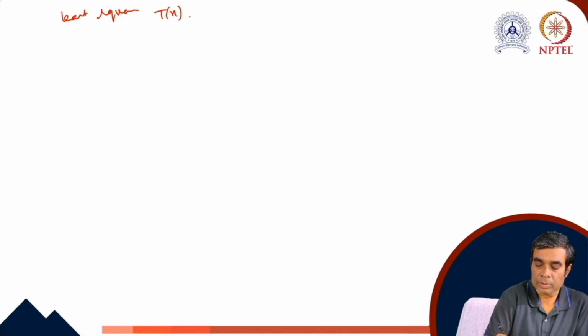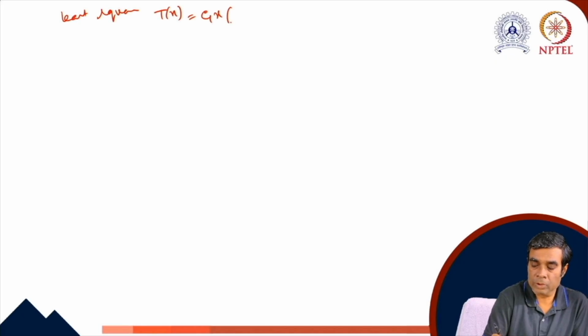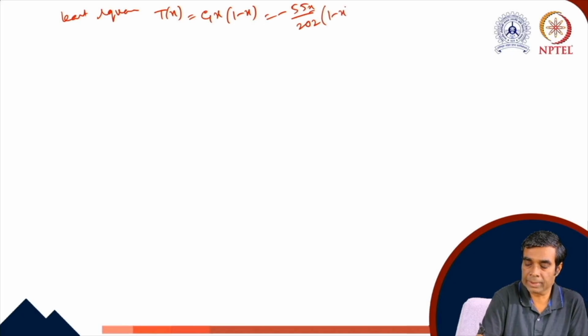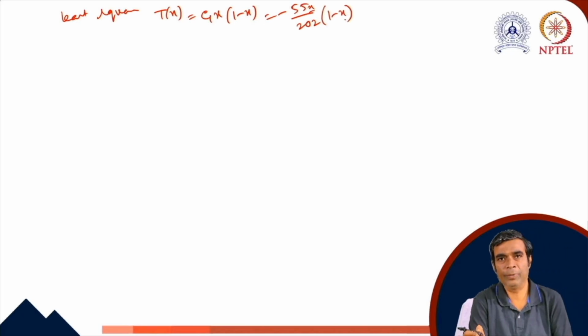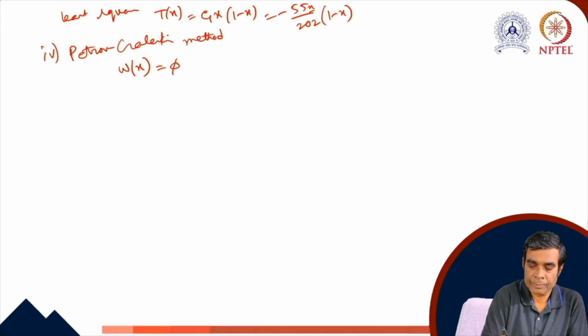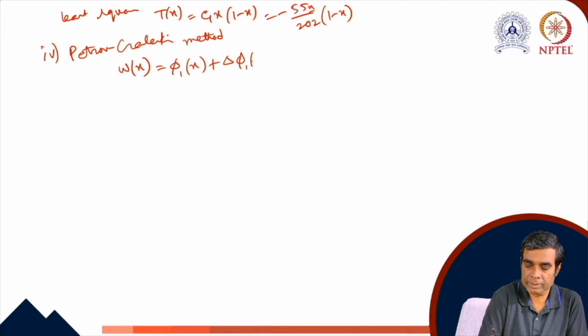So for the least squares method, Tx equals to C1x into 1 minus x equals to minus 55x/202 into 1 minus x. And finally, we are left with the PG method, the Petrov-Galerkin method. So our weight function, here we choose it like weight function equals to phi1x plus perturbation of phi1x.